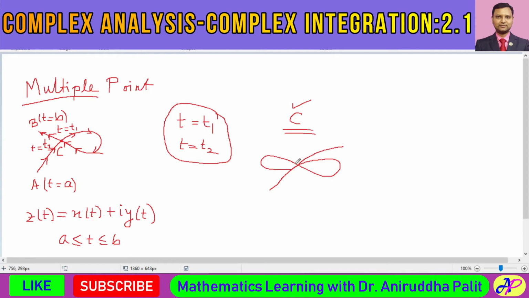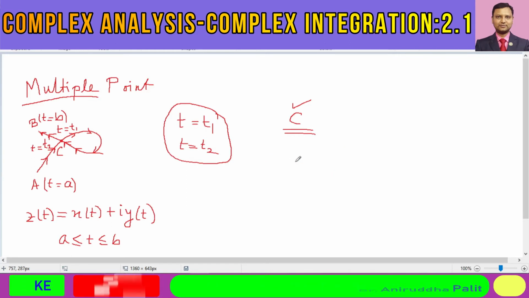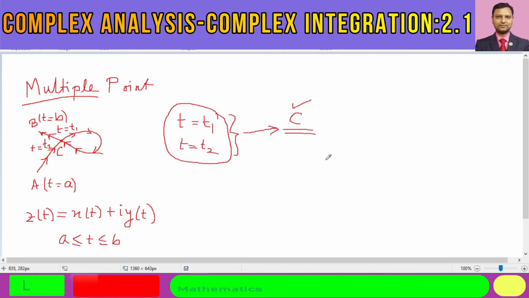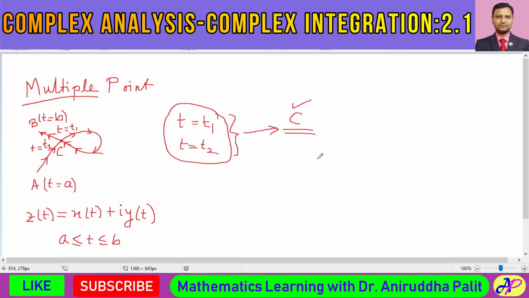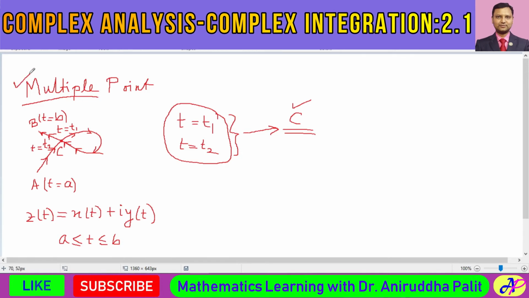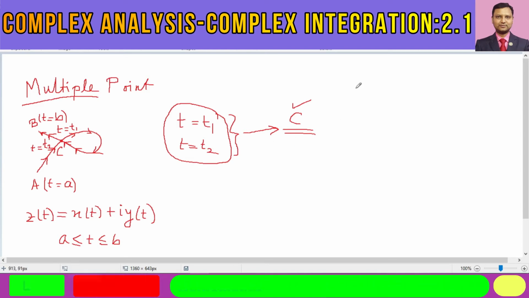So, whatever be the possible cases, if we encounter a single point on the two-dimensional plane or on the complex plane for more than one value of this parameter, then such points are called multiple points.